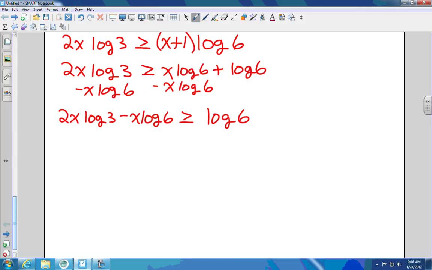So now, take the x out. So we have 2 log 3 minus log 6 greater than or equal to log 6. And the last step, divide that all off of there.